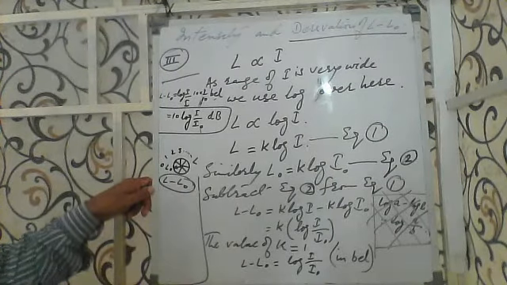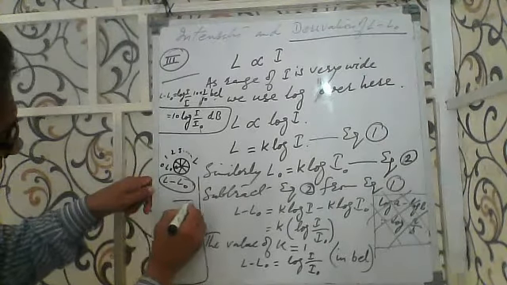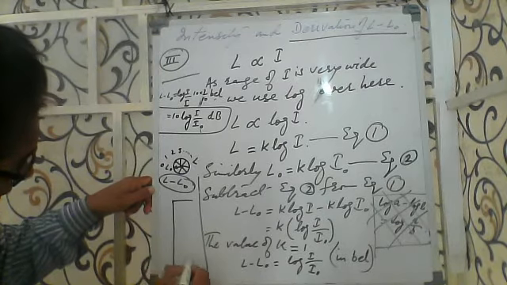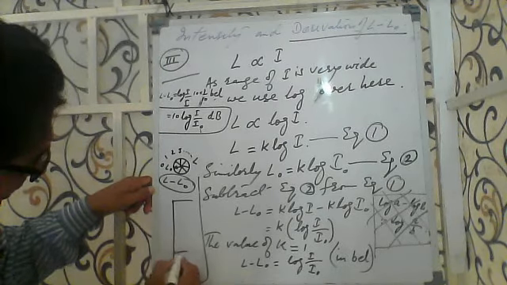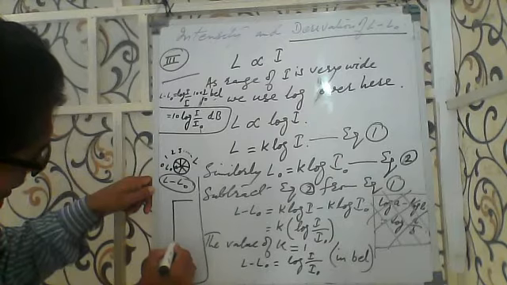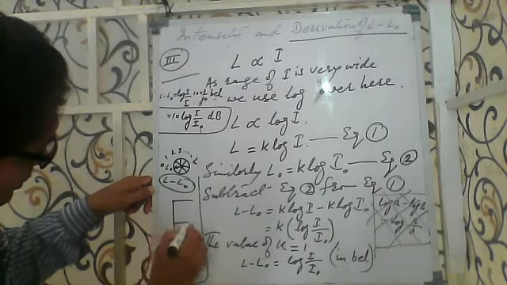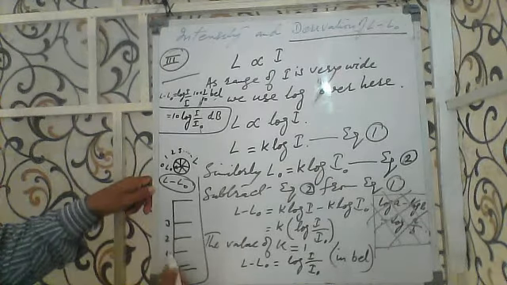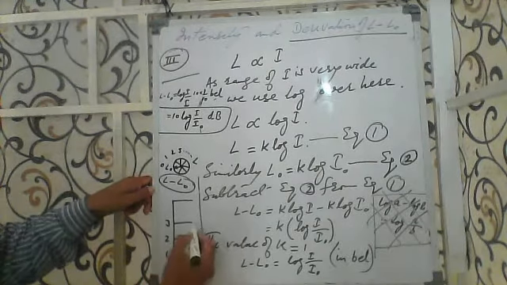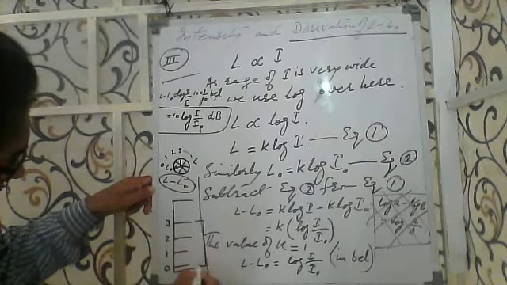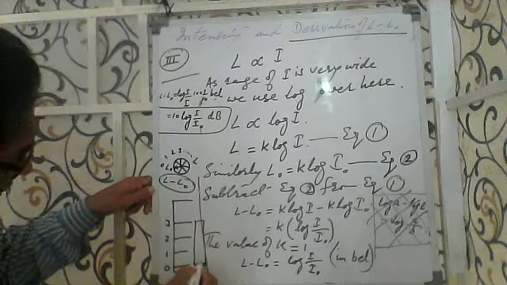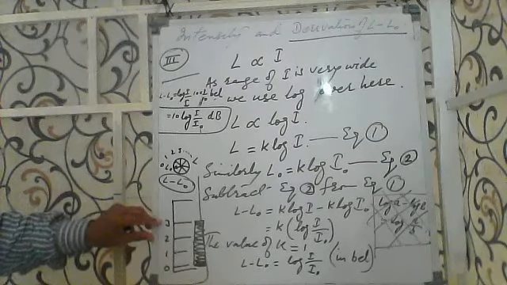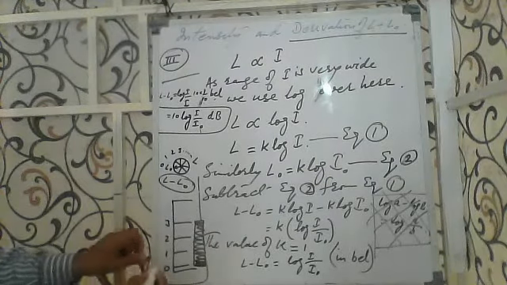L minus L naught is similar to a foot scale. You have 0 centimeter, then 1, then 2, then 3, and so on. How do you measure the length of something? You measure it: 3 minus 0 means length.